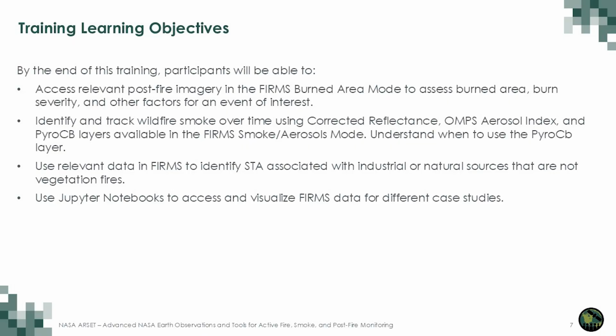Use relevant data in FIRMS to identify static thermal anomalies associated with industrial and natural sources that are not vegetation fires. And use Jupyter notebooks to assess and visualize FIRMS data for different case studies.